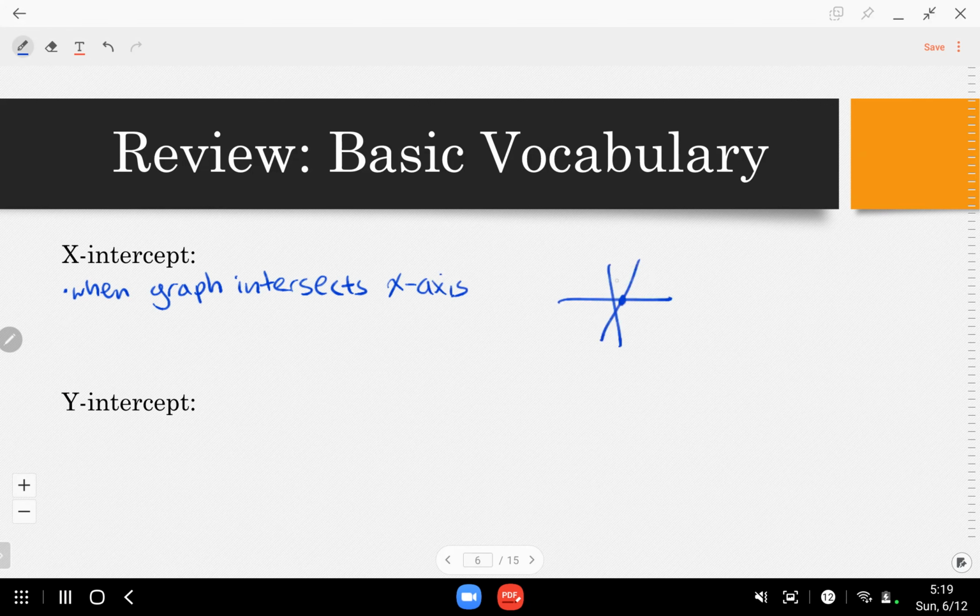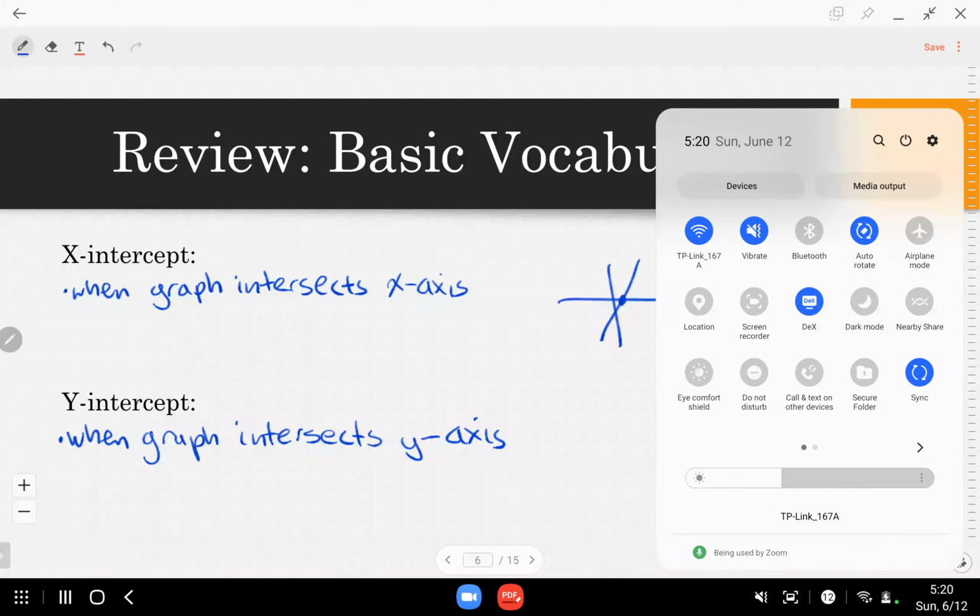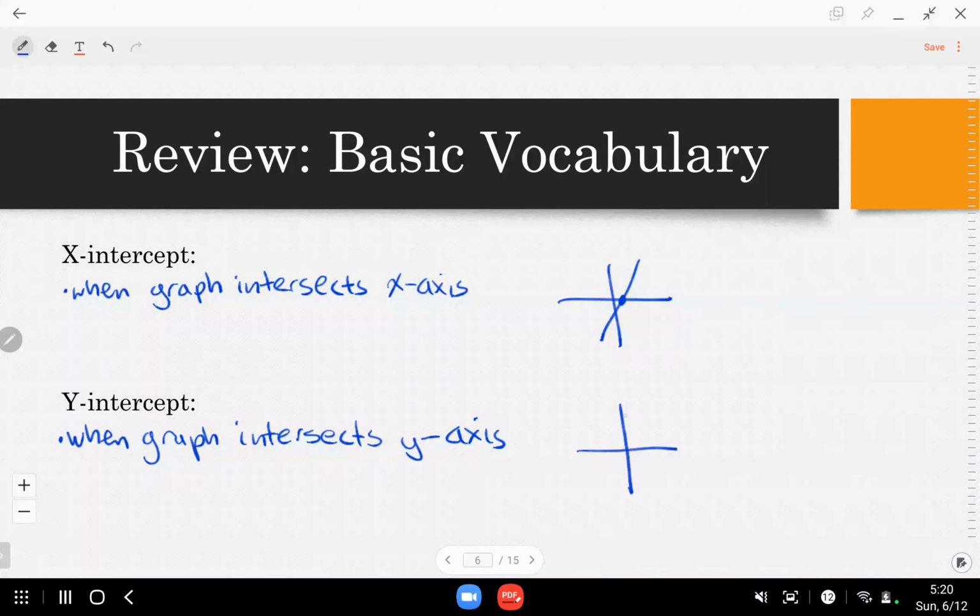This is where it intersects the x-axis. And the y-intercept is when the graph intersects the y-axis. All right, so you see here we have the same line, except now the y-intercept is here.